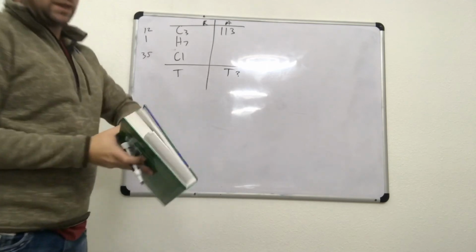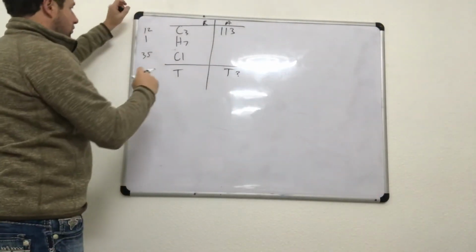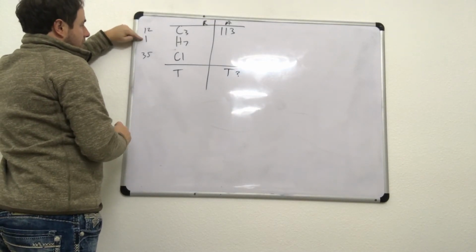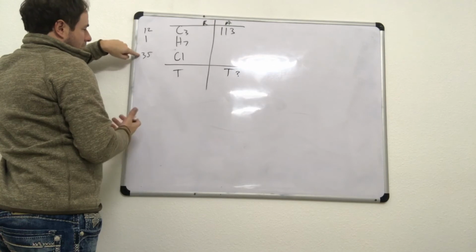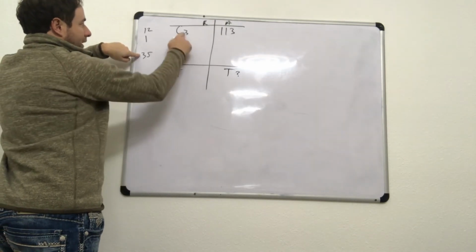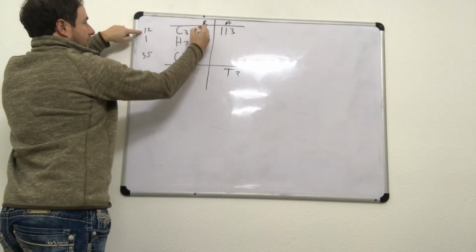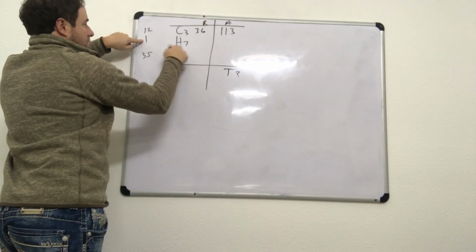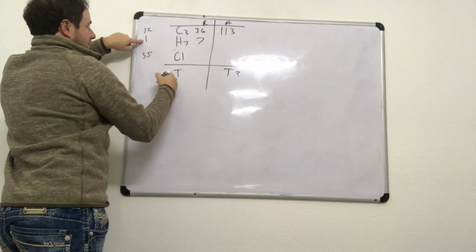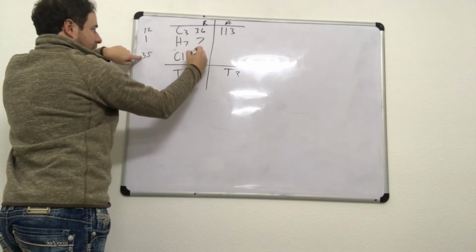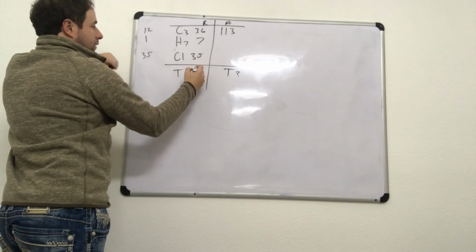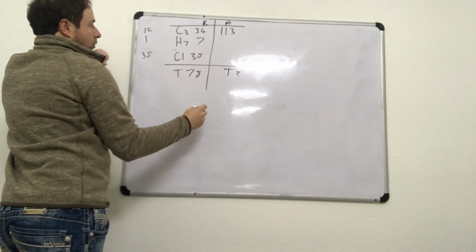And then they remind us of a little chemistry here, so this is definitely just like chemistry. Tyler will enjoy this. Carbon is 12, hydrogen is 1, and chlorine is 35. But we have 3 carbons, so it's actually going to be 36. We have 7 hydrogens, so it's going to be 7. And then we have 35 of the chlorine. So it ends up being 78 is our total.